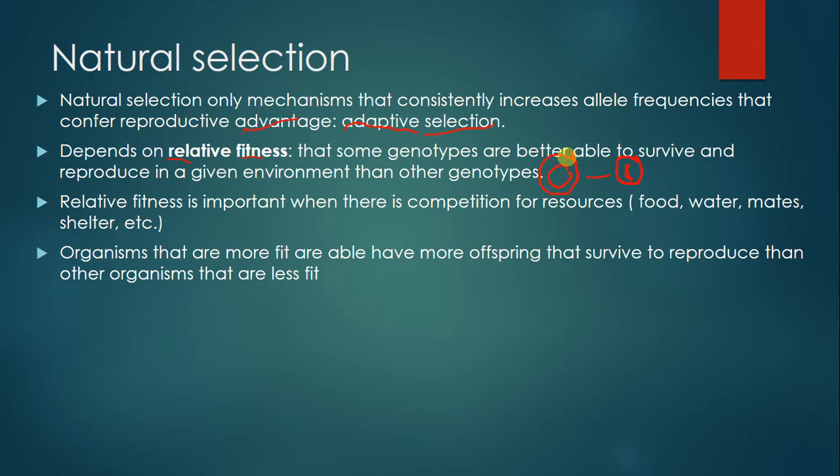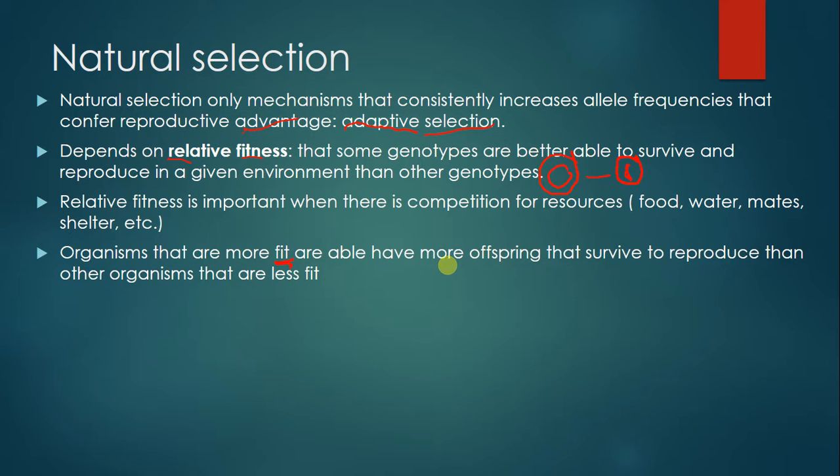It's important to know that natural selection favors the most fit individuals, or the individuals that have a genotype that confers the greatest fitness. And what is meant by fitness is not the biggest or strongest or fastest, but the genotype that allows an organism to survive and reproduce to the greatest extent.